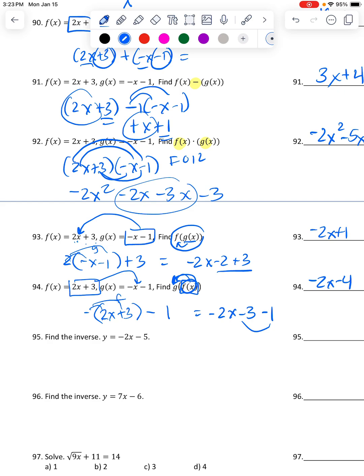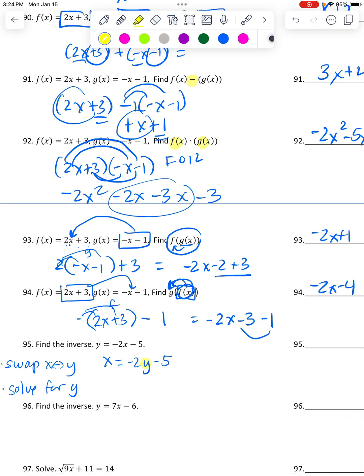Okay, finding the inverse was a two-step process. You would swap the x and the y. So you would put them in each other's spot. So it would read x equals negative 2y minus 5. And then second, you would solve for y, meaning get y alone. So if you're trying to get this y alone, you just undo stuff.